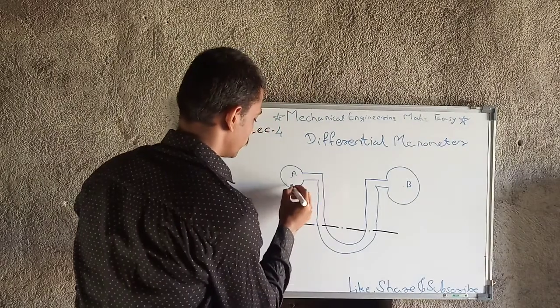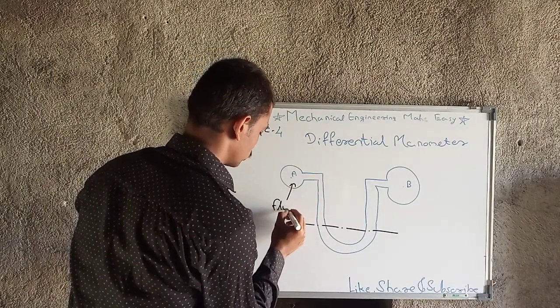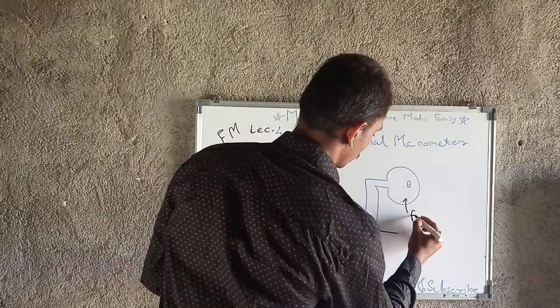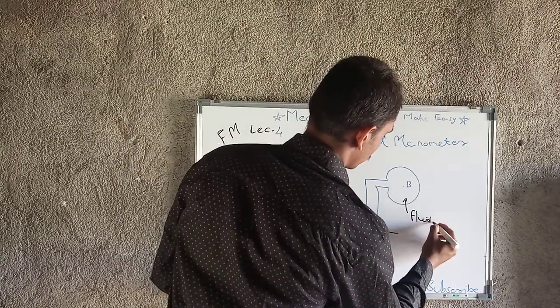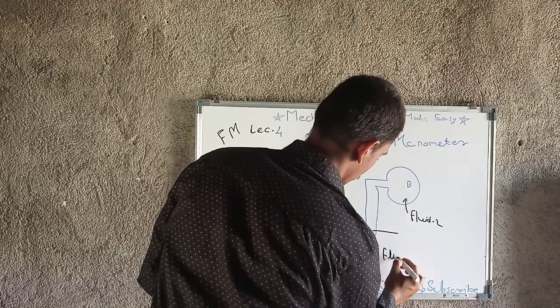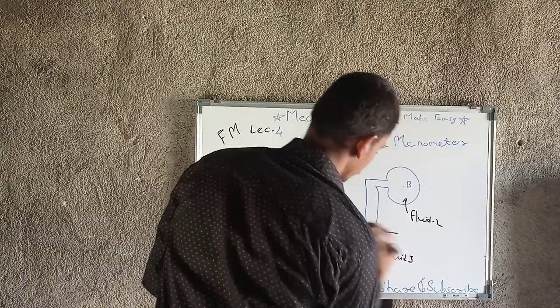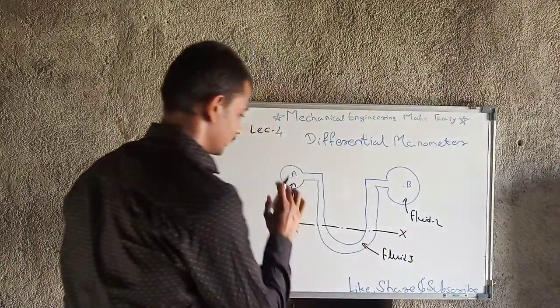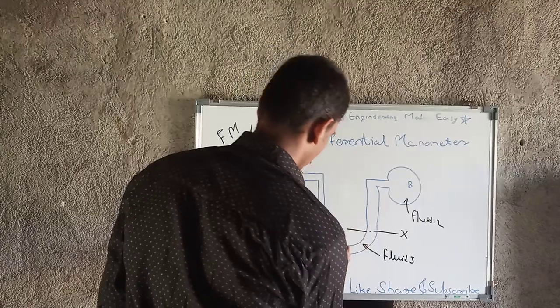Okay, here will be fluid 1, here will be fluid 2, and here will be fluid 3. So this is the XX section, and say the pressure of A is higher than the pressure of B.